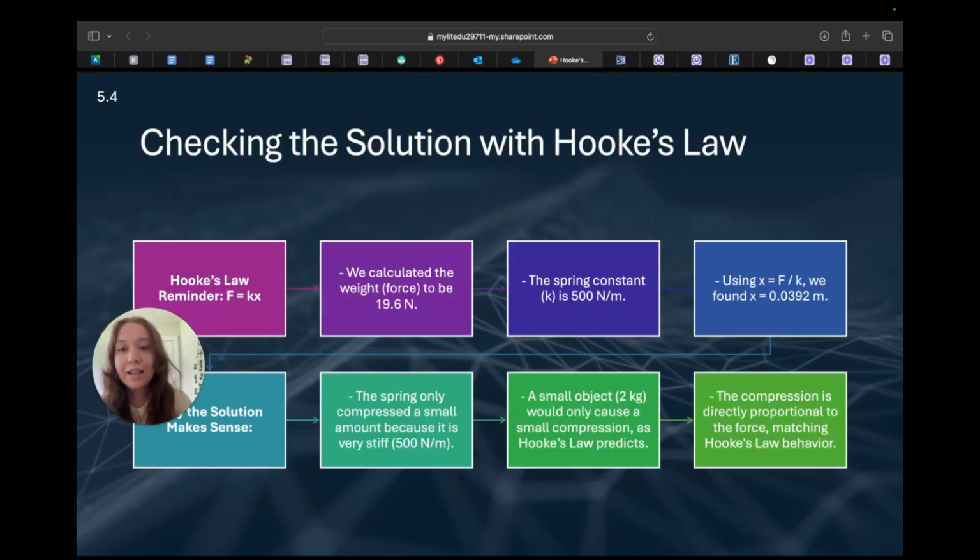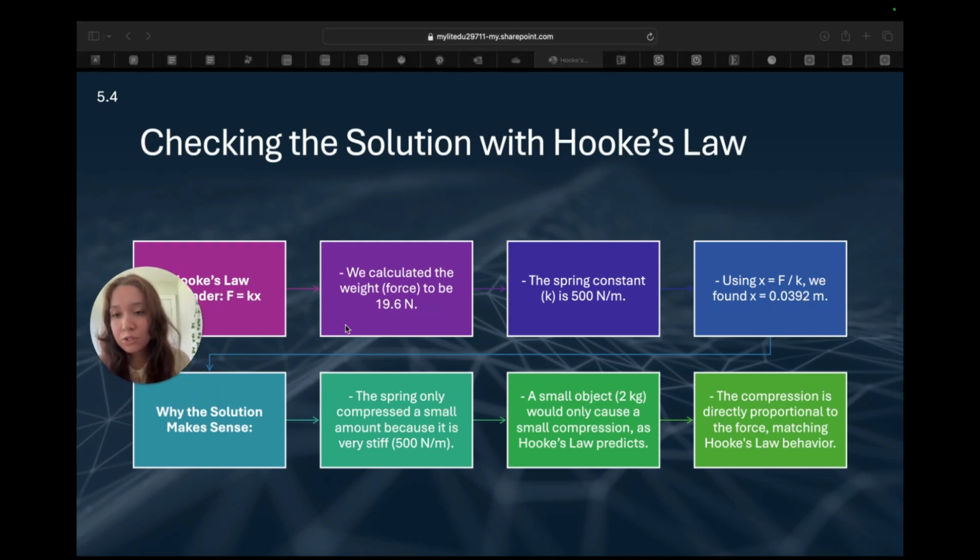So on this slide, we're checking the solution with Hooke's law. Hooke's law, just as a reminder, is F equals K times X. We calculated the weight, which is the force, to be 19.6 newtons. The spring constant, K, is 500 newtons per meter. So using X equals F divided by K, we found X equals 0.0392 meters.